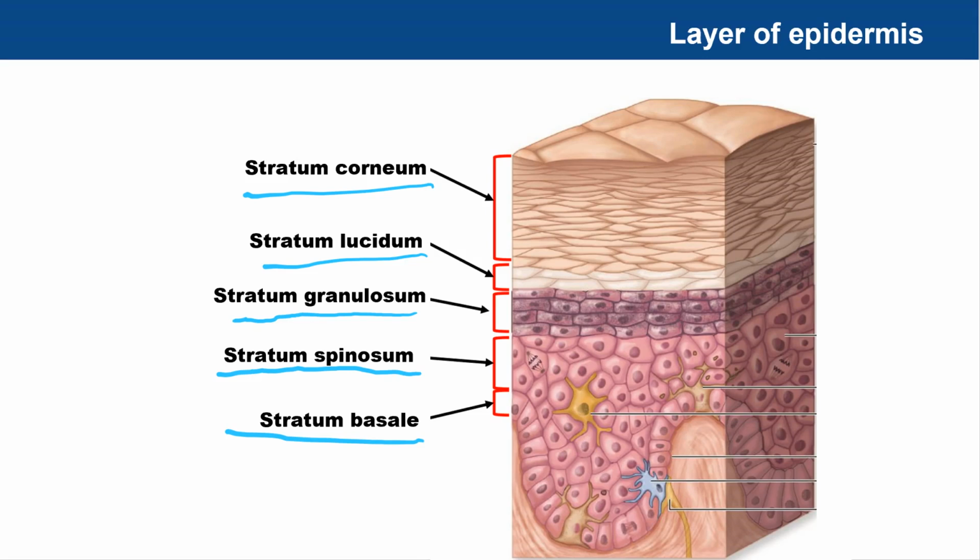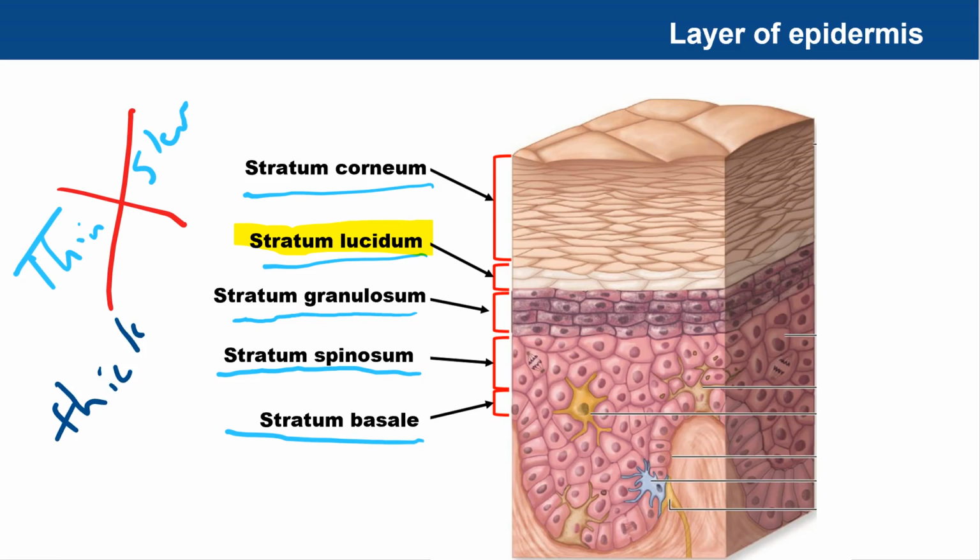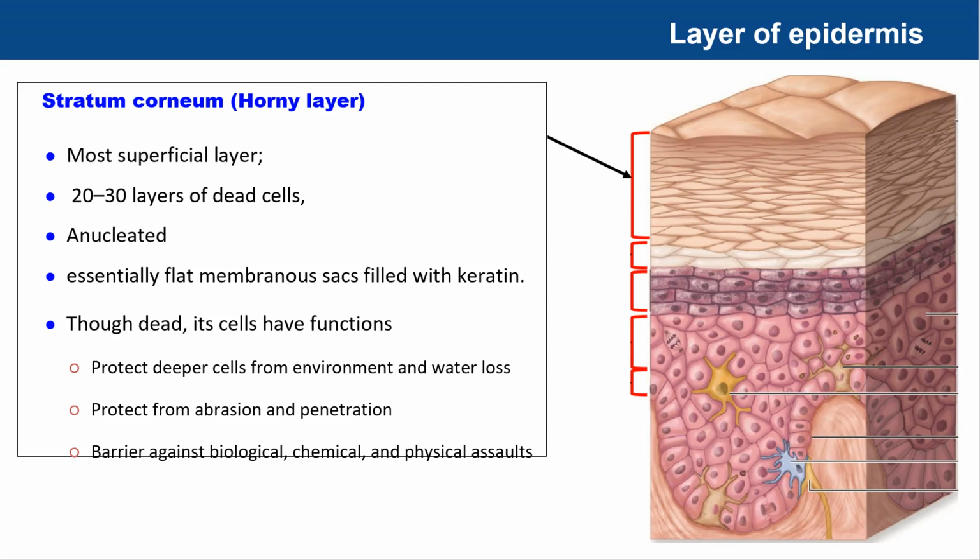In the palms and soles, which are thick skin, a layer beneath the stratum corneum is called stratum lucidum. So we don't have a stratum lucidum in thin skin. We only have the stratum lucidum in thick skin. Like what? Like palms and soles. Okay, let's go over each of these layers from top to the deep.